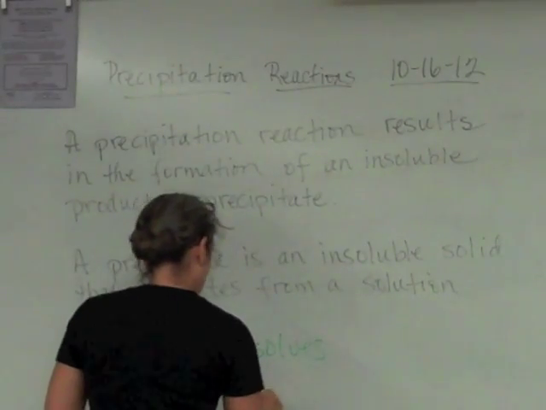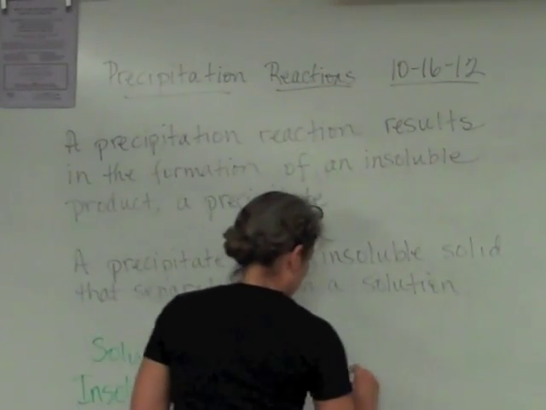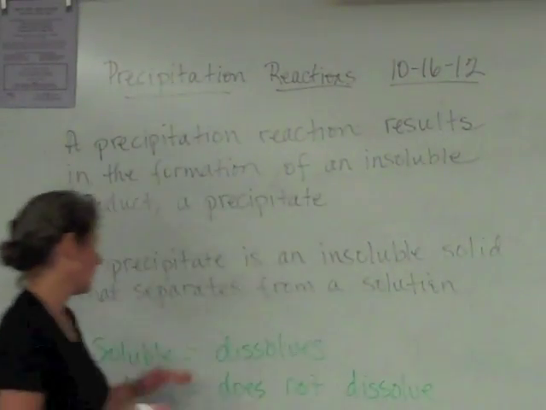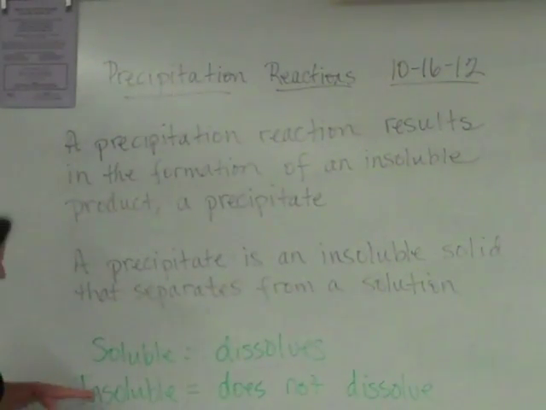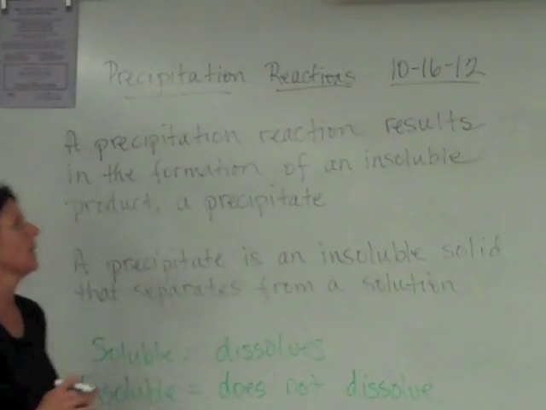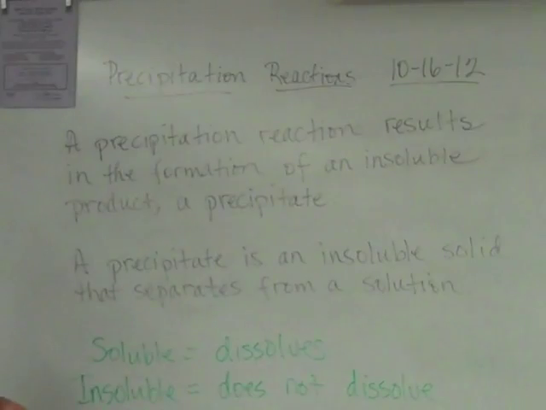Soluble means it dissolves. Insoluble means it does not dissolve. Alright, so a precipitate is an insoluble solid, and it will actually separate out from a solution. And again, you guys, you will see it tomorrow.